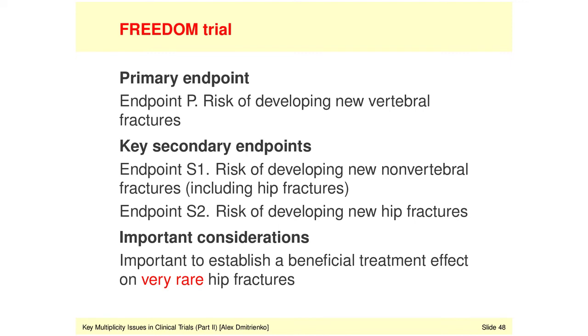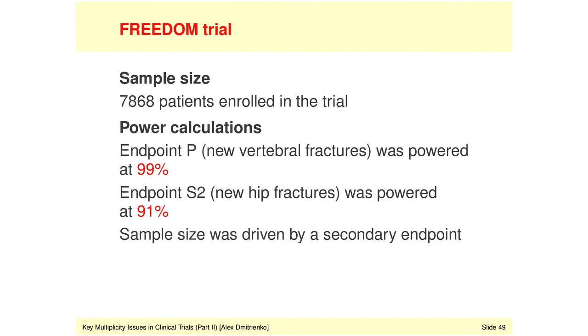But the trial sponsor knew that hip fractures were very rare compared to vertebral fractures and non-vertebral fractures, and to account for this important feature of endpoint S2, a larger sample size was required to have adequate power for this important secondary endpoint. A summary of power calculations in the FREEDOM trial is presented on the slide.